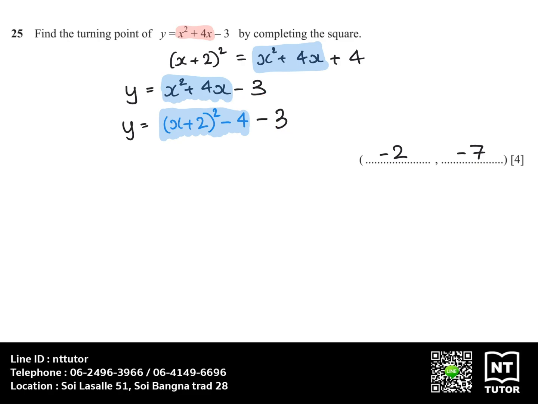And then we simplify it, so we have y equals x plus 2 to the power of 2 minus 4 minus 3 is minus 7, and that gets you the same thing. So the minimum point, or the turning point, is at, we switch the sign for whatever is inside the bracket, x equals minus 2 and y equals minus 7.